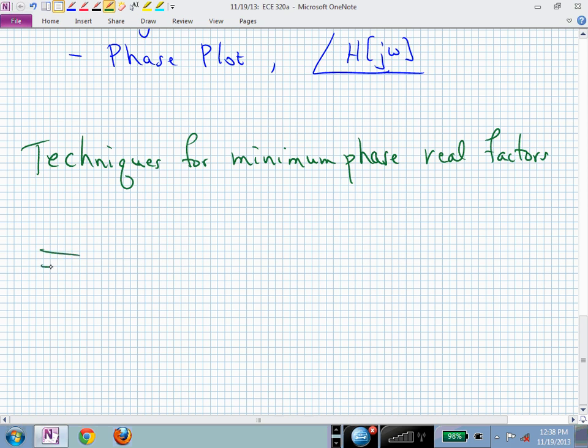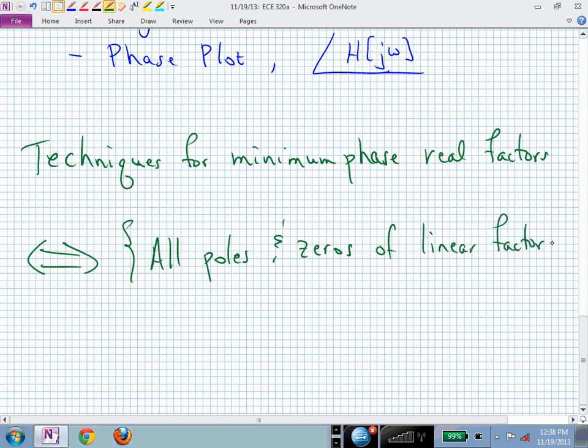That is simply an approximation. Minimum phase for those factors says that all of the poles and zeros of these linear factors are in the left half plane.